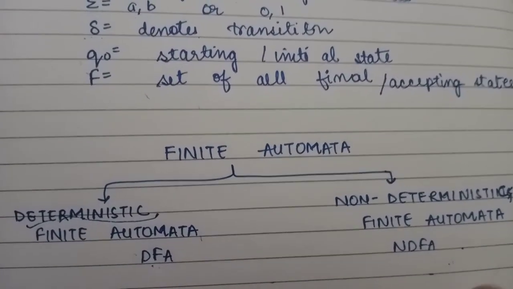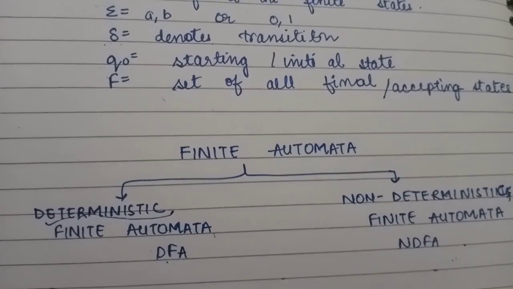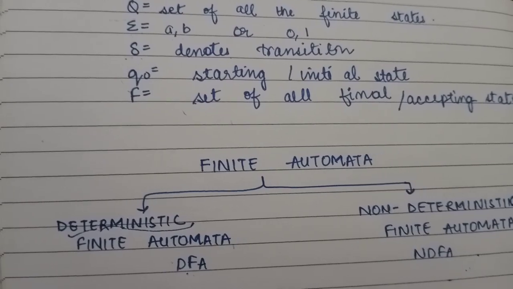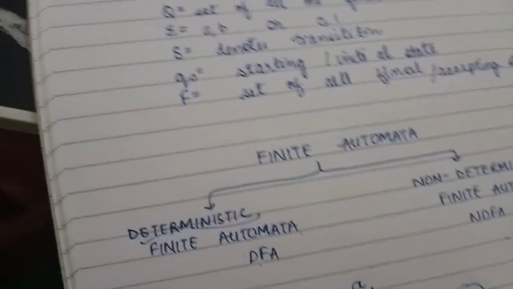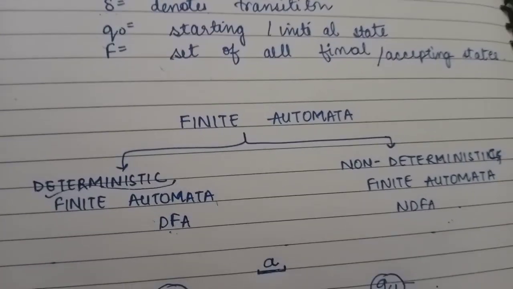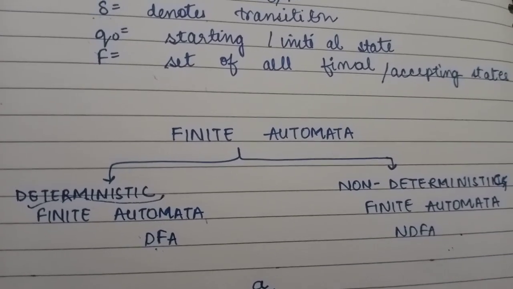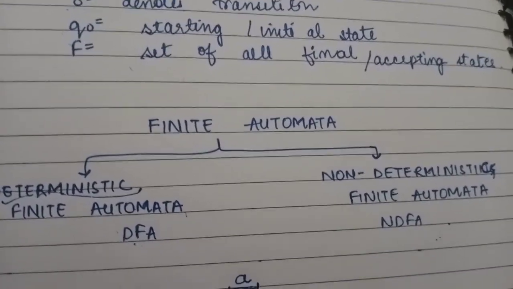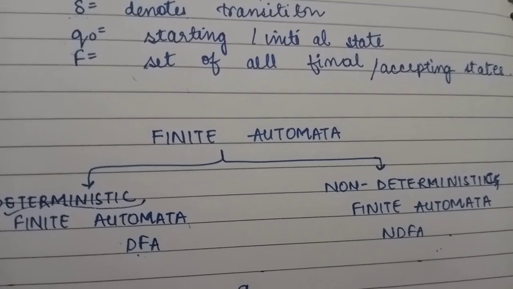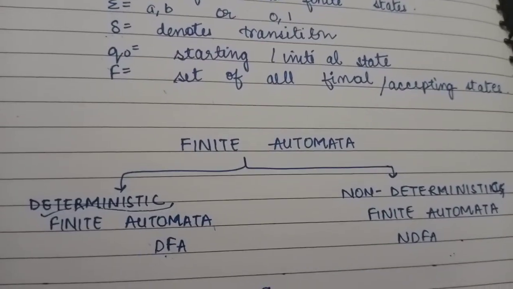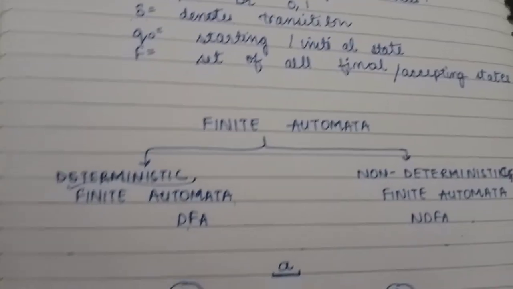Deterministic, as the word suggests, means that there is only one way forward to do anything. And on the other hand, non-deterministic finite automata, in this we can understand that there are multiple ways or multiple choices to do a certain task.